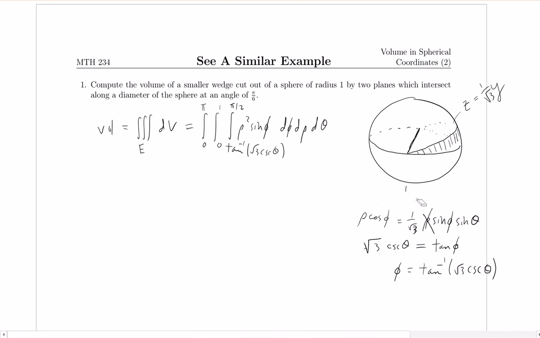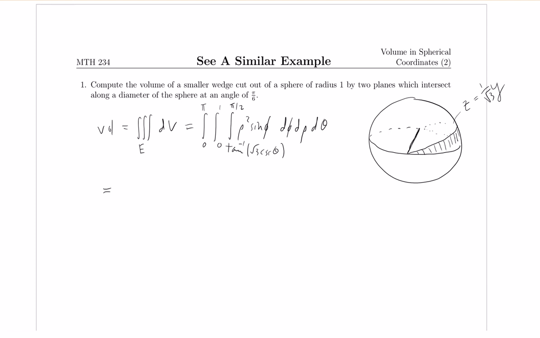Okay, now that we have that, let's compute the integral. First we're going to do phi. The integral of sine is minus cosine, from this nasty thing up to pi over 2.